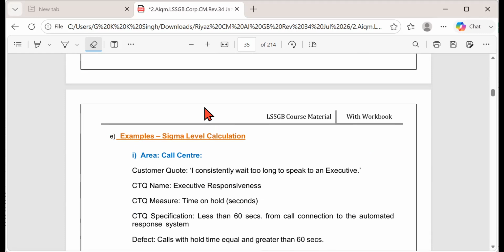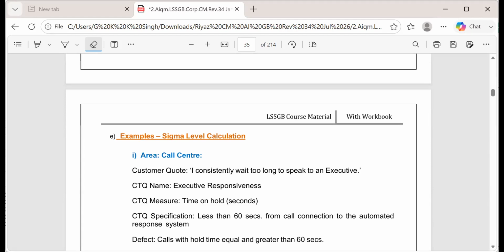So what is the CTQ for the customer? CTQ is how much time? The waiting time, response time for an executive. So we say that is the CTQ, measured in seconds. Customer says, I don't mind waiting up to 60 seconds.